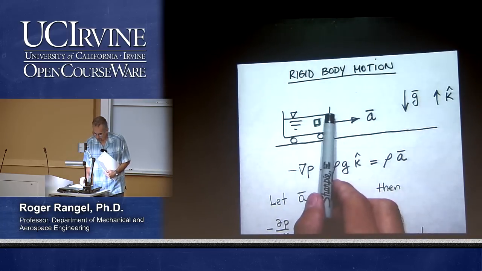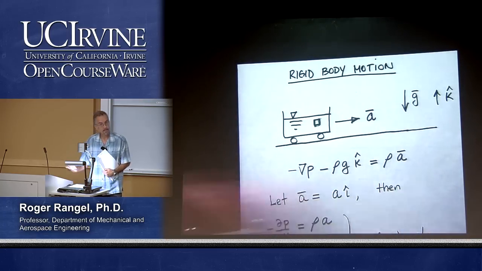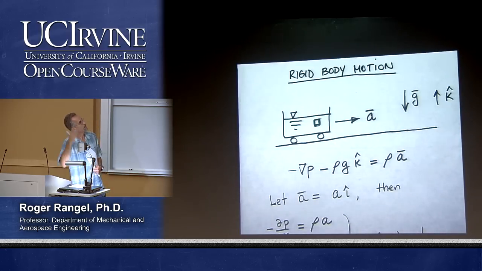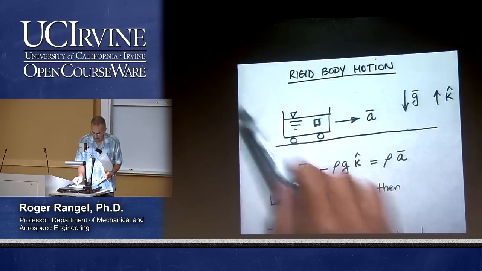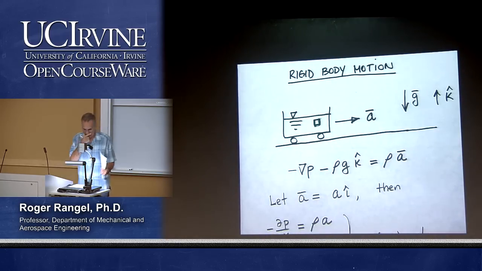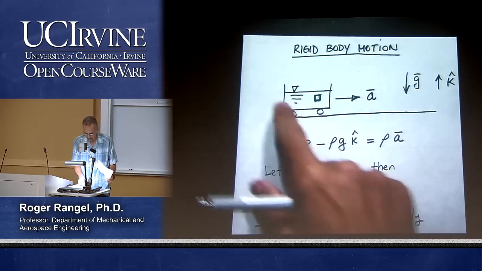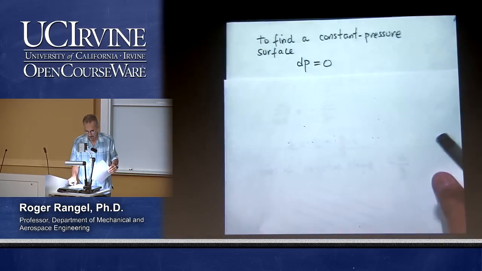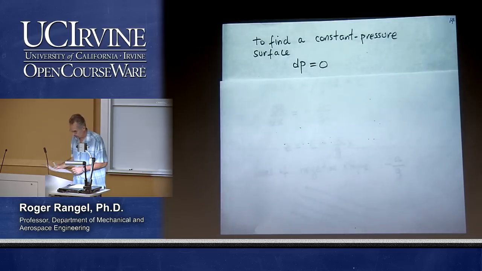Well, that condition is that the pressure is the same all along that free surface, because that would be, for example, the pressure that exists in the gas outside the tank. Let's say, for example, that's air. If there is air surrounding this whole experiment, then the pressure of that air is given and is a constant. So I identify the free surface as the location where the pressure doesn't change.